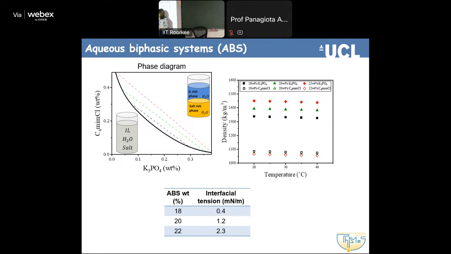So when we say 18%, we mean that in the initial mixture, we have 18% salt, 18% ionic liquid, then 20, 25. So this is one line, this is one, and this is one. As you increase the concentrations of these two things, we move away from this line that separates the single phase from the two-phase system.